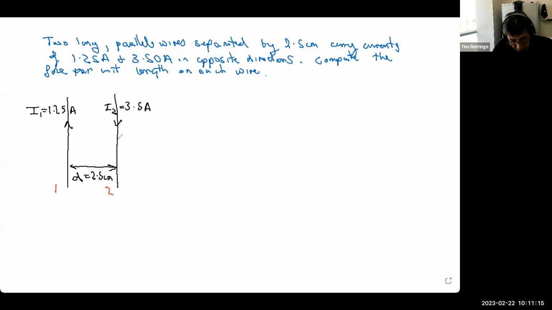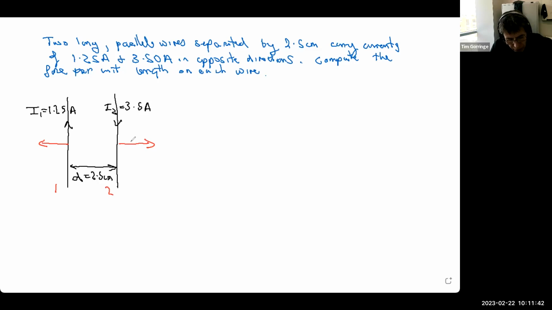So they're opposite directions. That means that the forces between them, based on that rule that like currents attract one another, unlike currents in parallel wires repel one another, are going to be repulsive forces. So the force on the wire on the left will be towards the left, pushed away from the wire on the right.